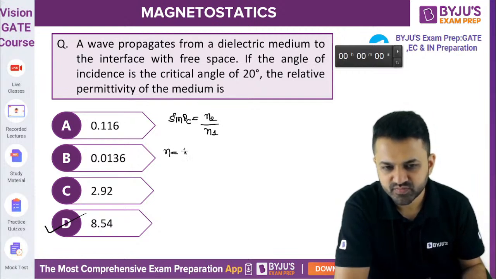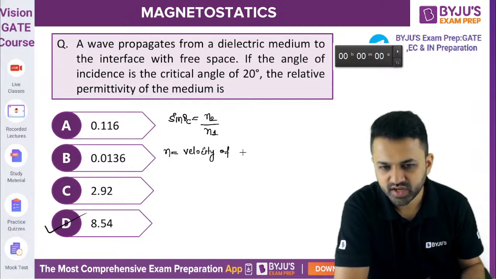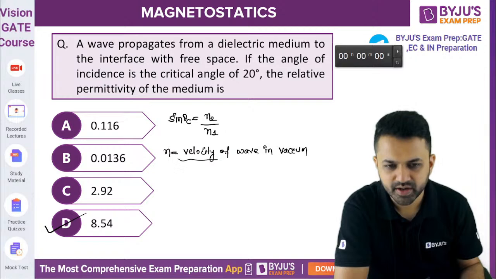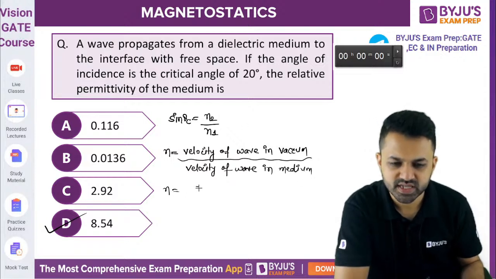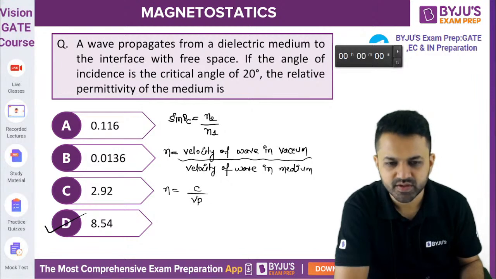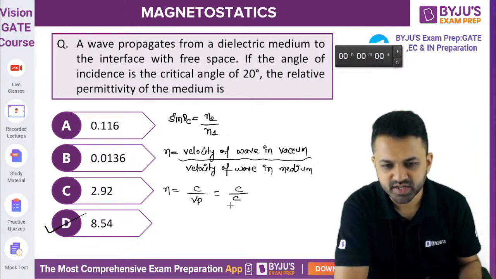That is nothing but the velocity of wave in vacuum divided by the velocity of wave in the medium. So according to this, the velocity is c in vacuum and vp in the medium. So it can also be written as c upon root over mu r epsilon r.